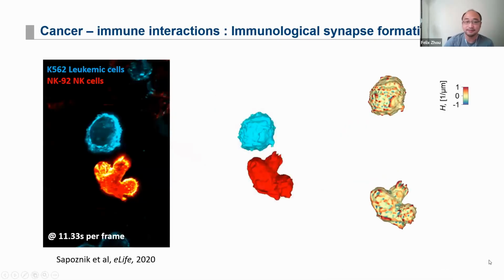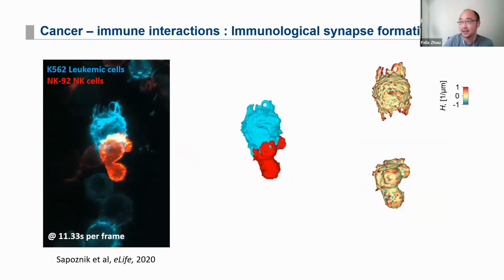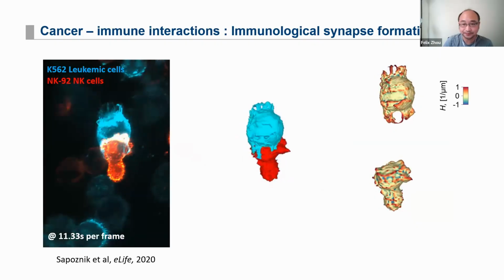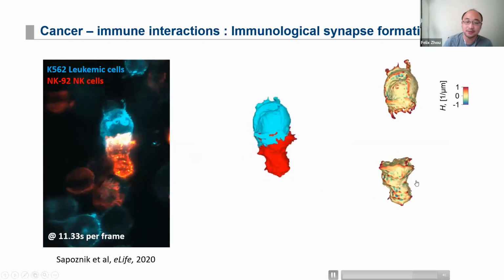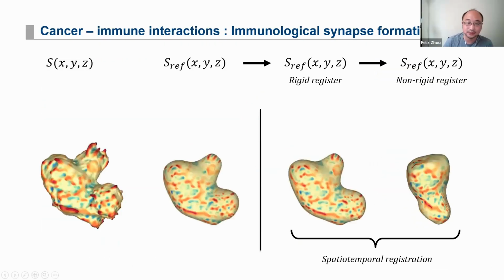Okay, now let's get back to doing some science. We can now go back and look at again our favorite NK cell and immune cell video, where we've used USegment3D to segment the 3D surface and map the curvature.